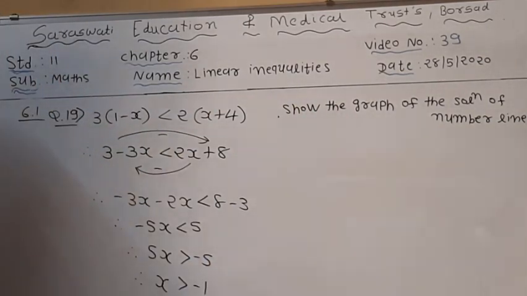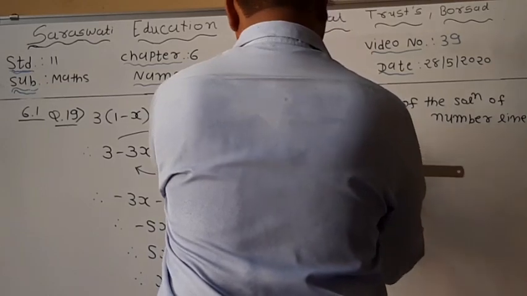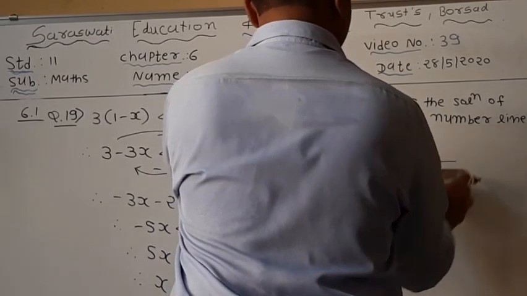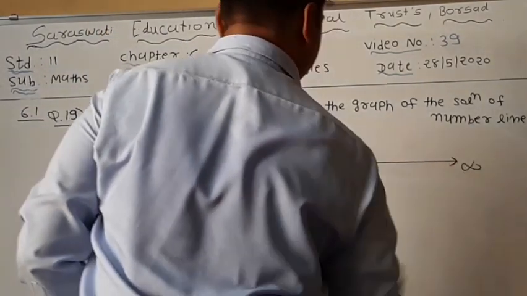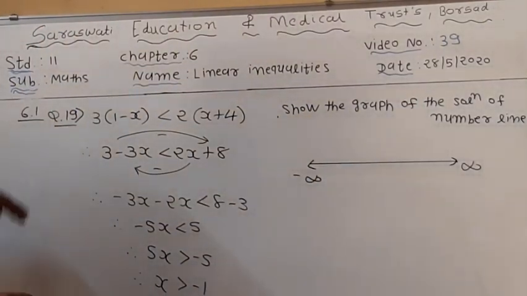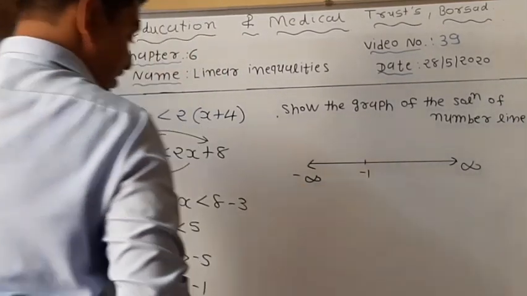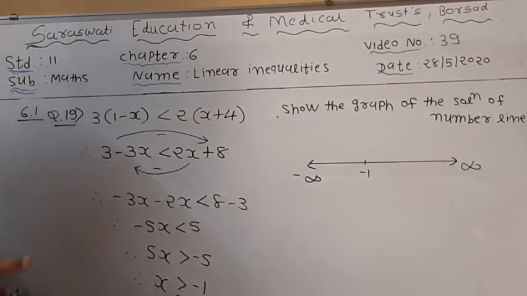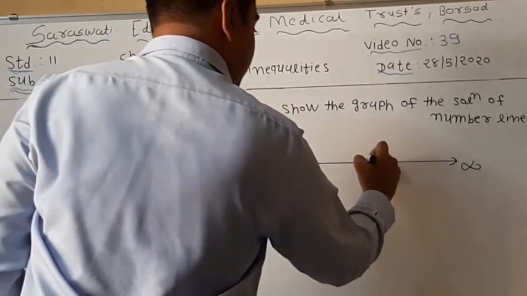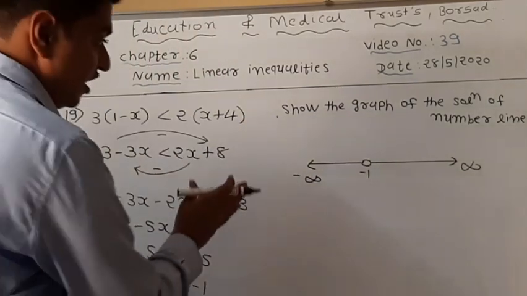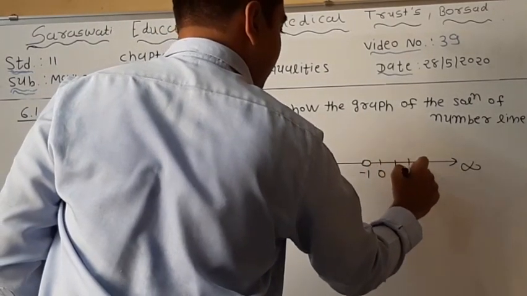Now the arrow is going to the right side. So how can it be represented on the number line? Here we write minus infinity to infinity. Now the position of minus 1 is like here, and strictly greater than form is present, so here mention an open circle. Right, now the arrow is going to the right side. So here we write 0, 1, 2.